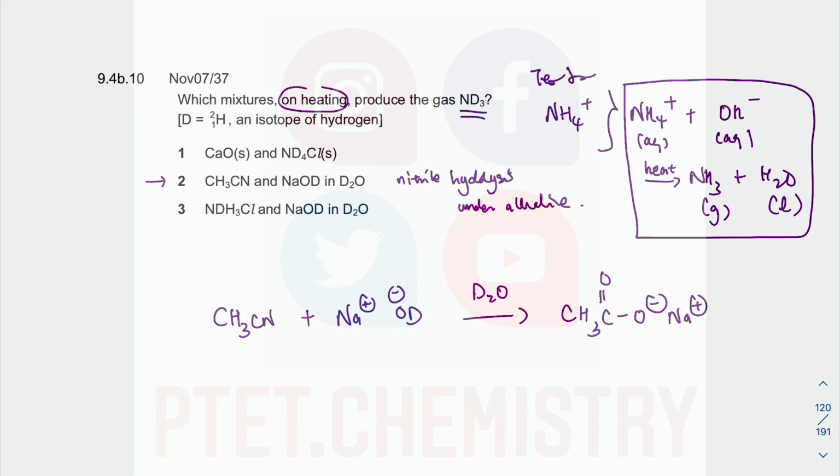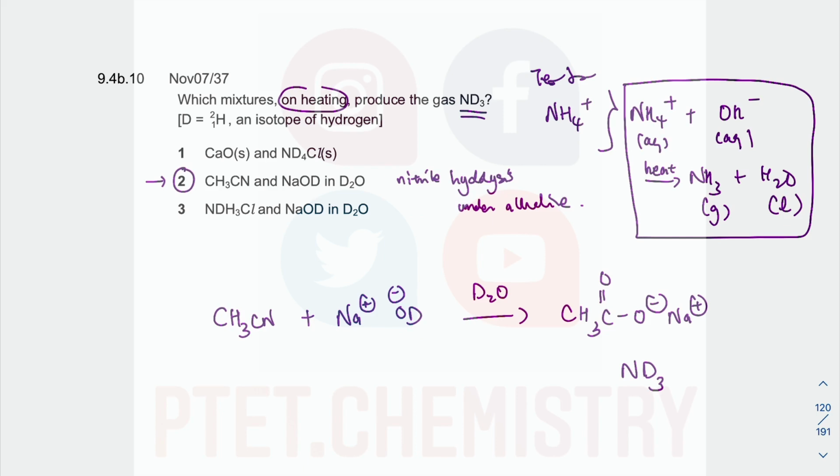All right, and then what happened to the nitrogen in the nitriles in hydrolysis, okay, is that nitrogen would actually be given out as ammonia. Okay, but in the case of this, like I said, there is no proton lying around. There is just the deuterium, which is the equivalent of the proton, because here is just completely D2O, this is NaOD, so you will get ND3.